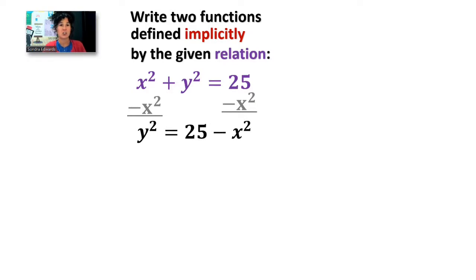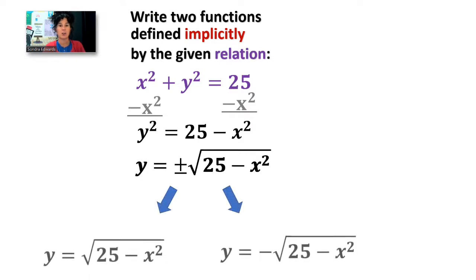Next, I'm going to take the square root of both sides to get y by itself. Do not forget, every single time you decide to take the square root of both sides, you get positive and negative. So what we have here is two separate equations.